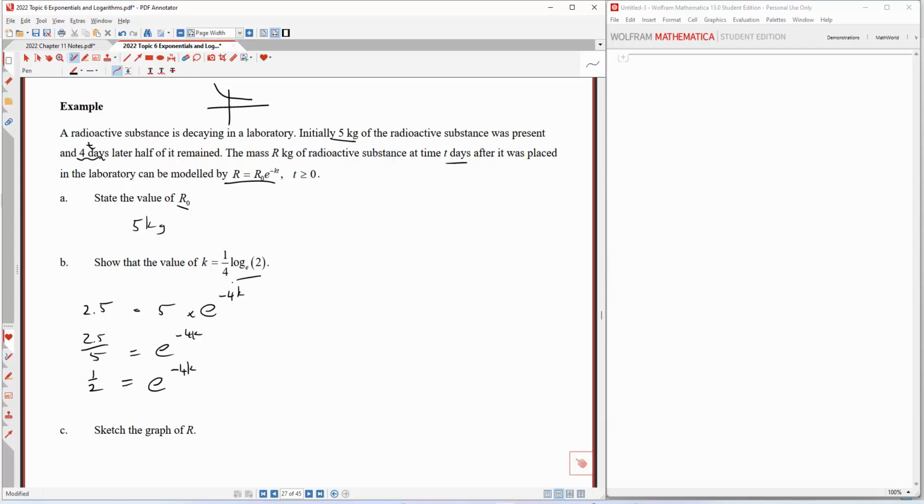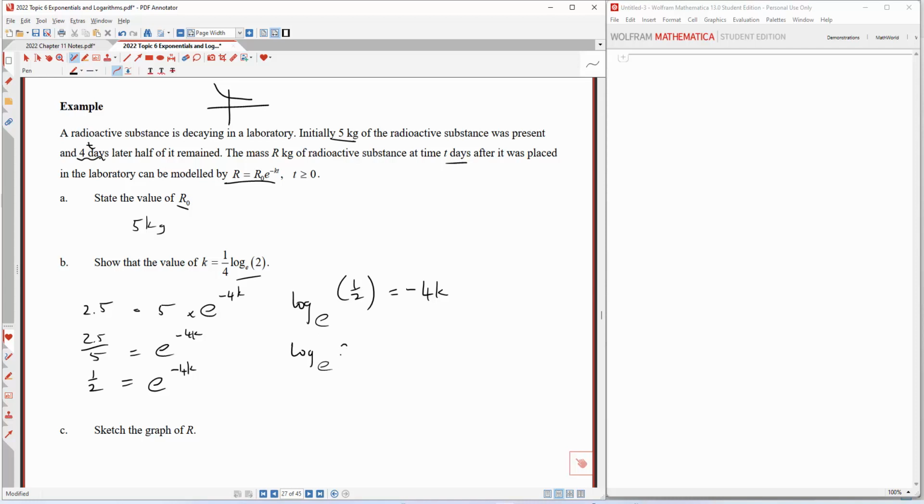Just having a sneak peek at the form. So let's go to log form. Log e half equals, what does it equal? Negative 4k. This needs to be 2, so we're going to grab this 2 and chuck it in the numerator and write it as a negative index.